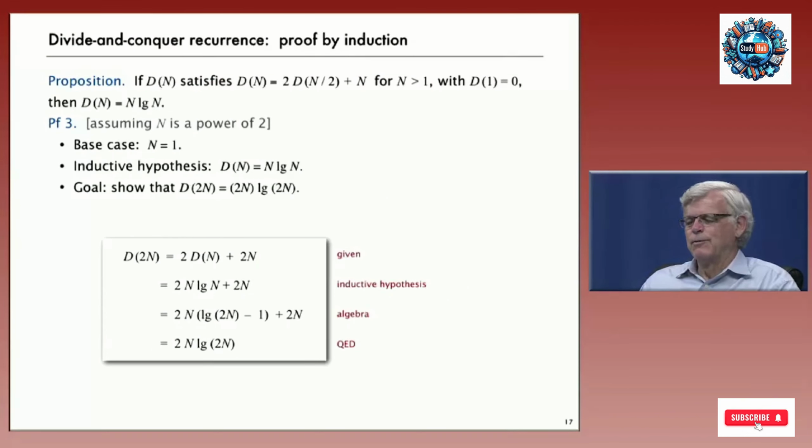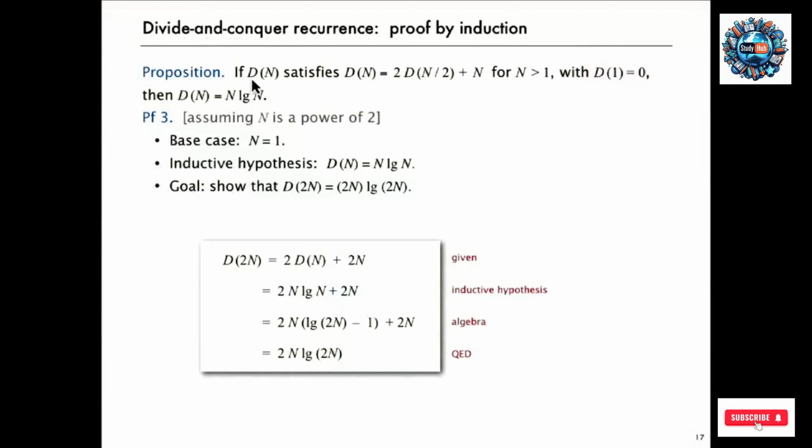Using either one of those techniques, you could just get the idea that d of n is close to n log n, or you can write a program to expand the recurrence and find that. And then once we have the idea that d of n equals n log n, we can plug back into the original formula.